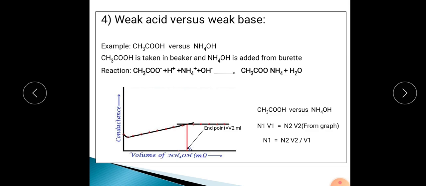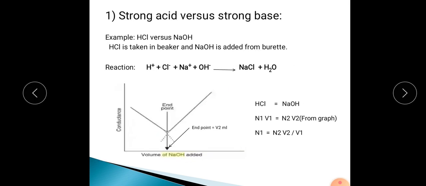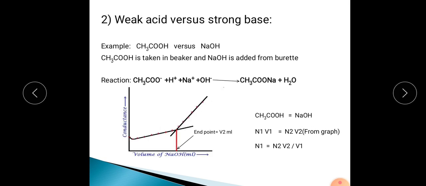So here we have studied a total of 4 neutralization titrations. These are strong acid versus strong base, HCl versus NaOH, where the graph is V-shaped. Second, weak acid versus strong base, acetic acid versus NaOH, where the graph shows a gradual increase and then a sharp increase after the end point.